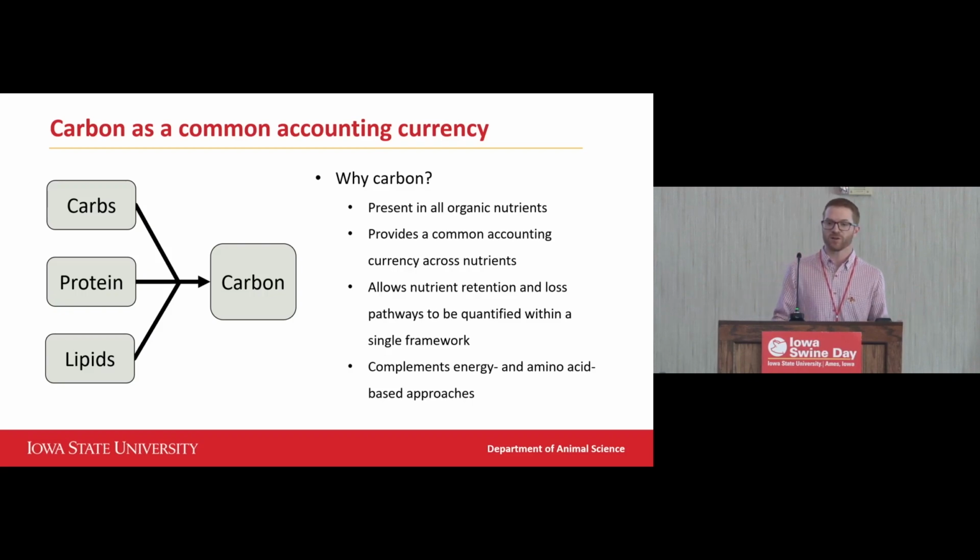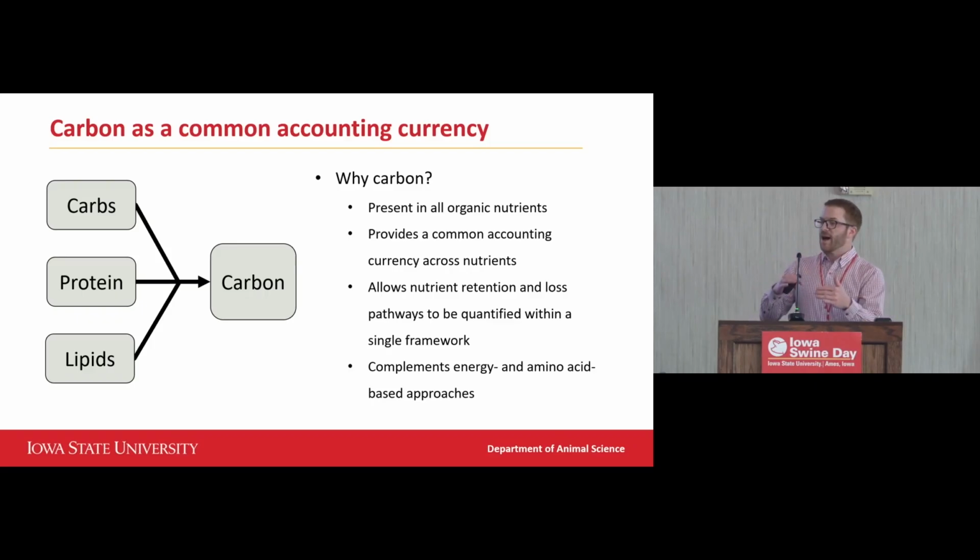And so we all learn an organic compound contains carbon. So of the three major nutrient classes we'll talk about, proteins, carbs, and lipids all contain carbon. And so while we can attempt to track these three classes individually, to get a more high-level view, we can just use carbon because it's a common currency that'll go across all three of these nutrients. And so tracking carbon flow gives us that framework.